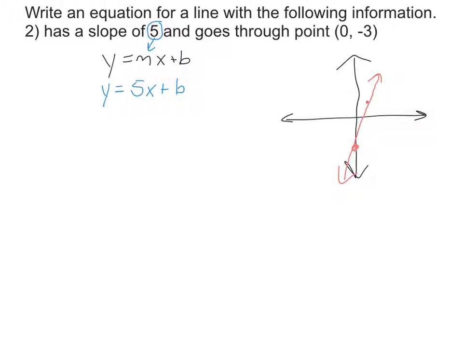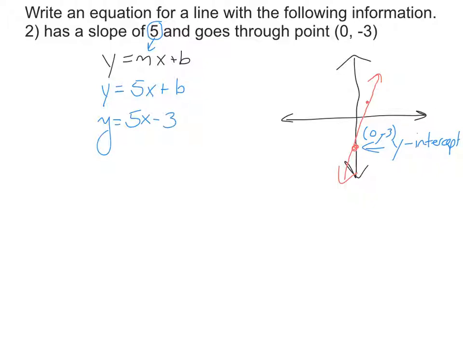And we can see what the y-intercept actually is, because the y-intercept is where we cross the y-axis, and we cross the y-axis there at (0, -3). So that means that -3 must be our b. You can say y equals 5x minus 3.